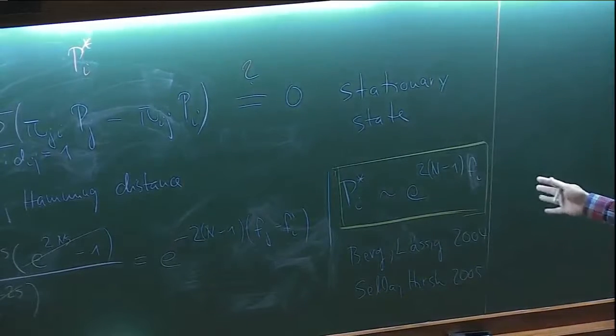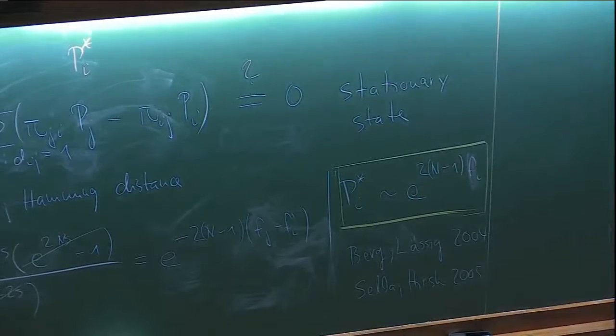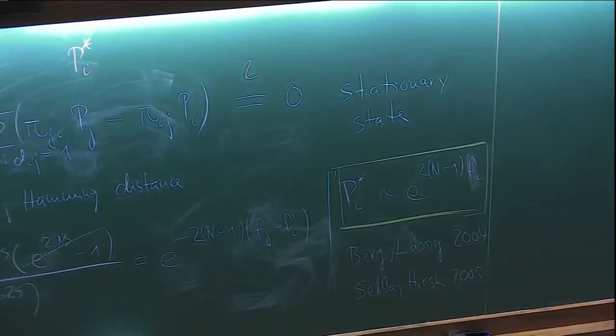Of course, a statistical physicist will see that this is actually nothing but a Boltzmann distribution, where the analog of energy is minus fitness, and the population size plays the role of inverse temperature. But this is just a side remark.